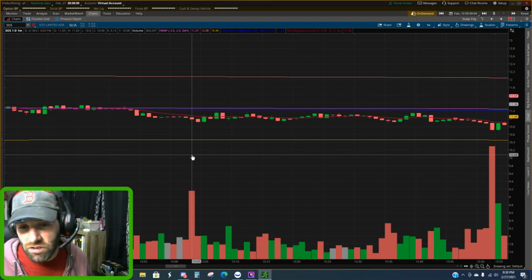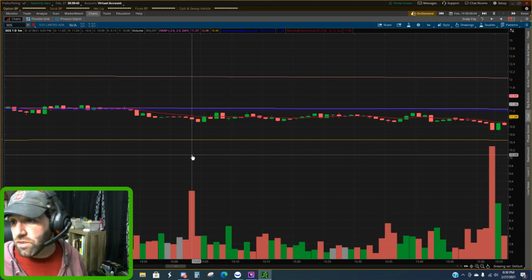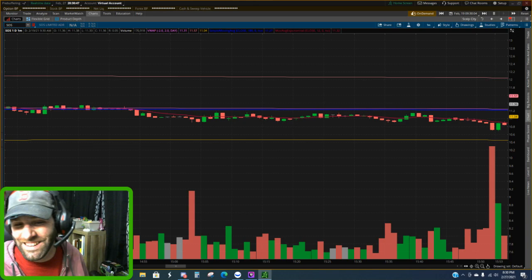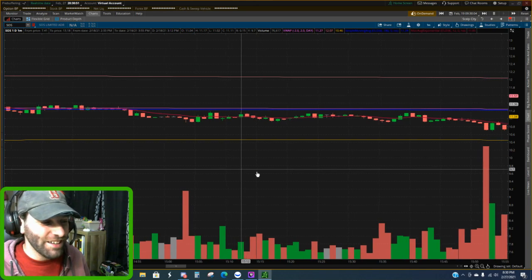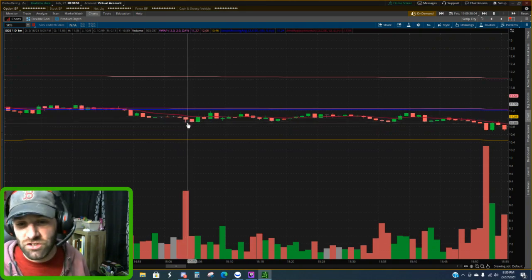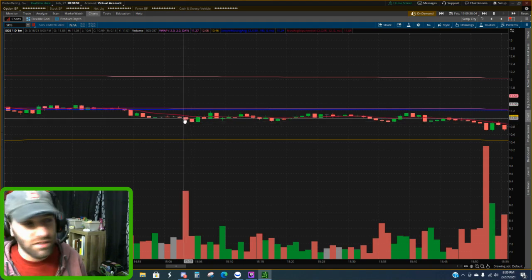So overall, you learn from it. If you're still holding it and you lost 50% on it already, we all learn. But if you see what I'm saying, there's no reason on this chart to buy right there. You're below the 12.